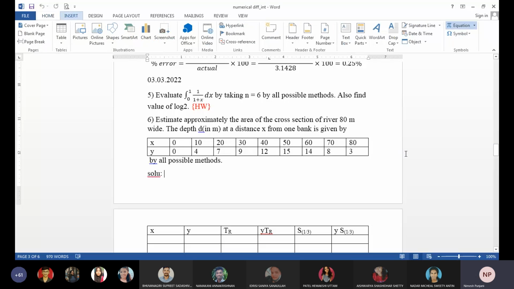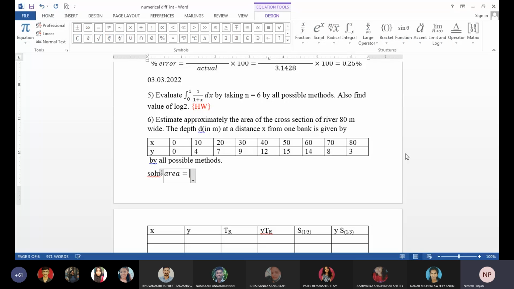So first we will see what is the formula for the area. Area of cross section is given as integration a to b y dx.